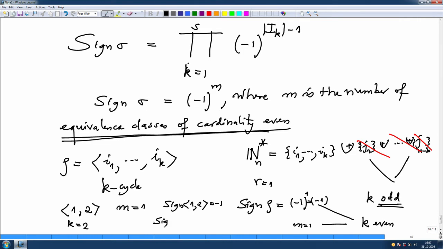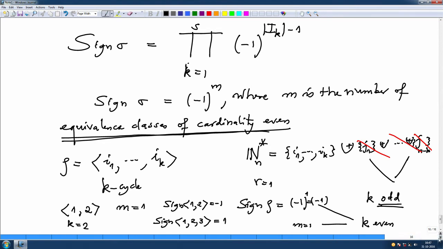The sign of a 3 cycle, k is odd, so it is 1. So, this is very easy to compute. You just have to see what the equivalence classes are and what their cardinalities are. If cardinality is odd, forget them. If cardinality is even, you count how many equivalence classes are of cardinality even, and that number is m, and then minus 1 power m is the sign.